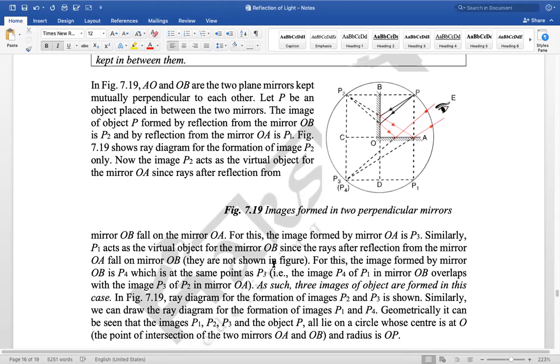So now the image P2 acts as a virtual object. आप ये देखो P का एक image बना है. So the image of the object P formed by reflection from the mirror OB is P2 and by reflection from the mirror OA is P1.